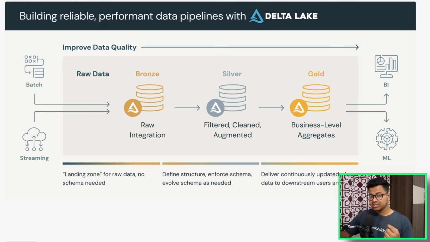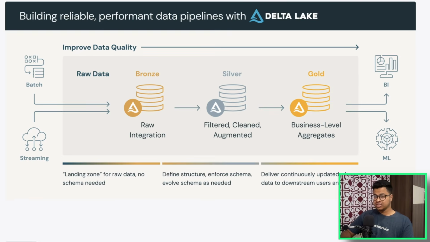Databricks has a medallion architecture that is very popular currently, and a lot of data projects follow it, right? So basically, for building reliable, performant data pipelines with Delta Lake, you can have batch or streaming. All the data you get goes into a bronze table.